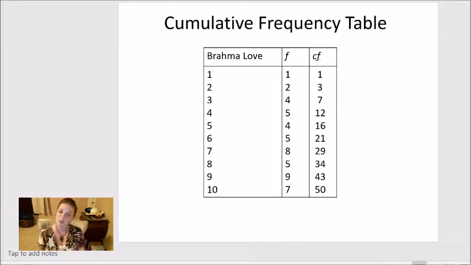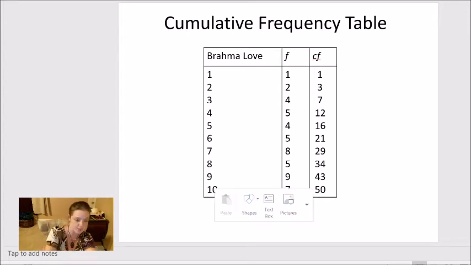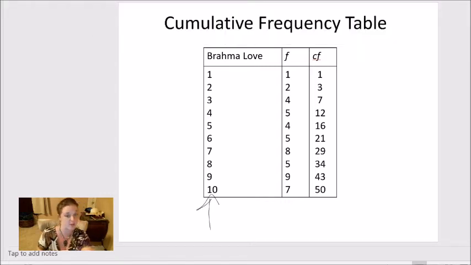This is called a cumulative frequency table. And in a cumulative frequency table, it not only gives you the information from the previous slide, it also keeps a running count. So you still have the number of options over here. This is still your possible choices over here on the left.